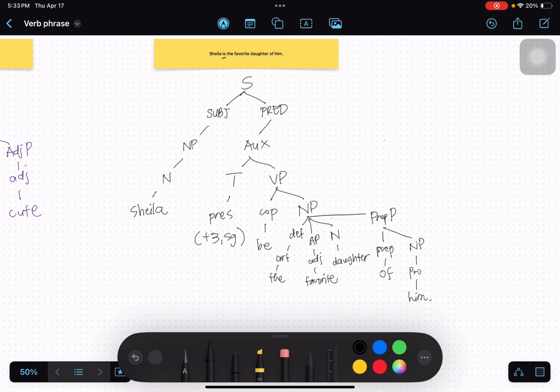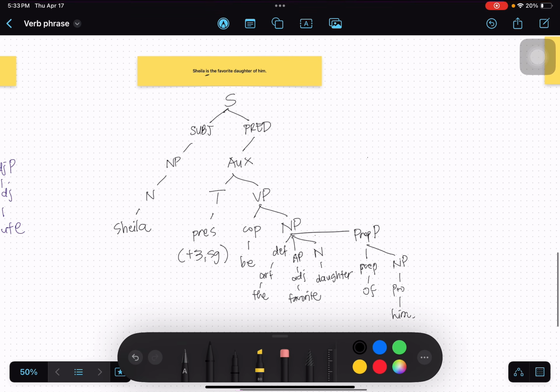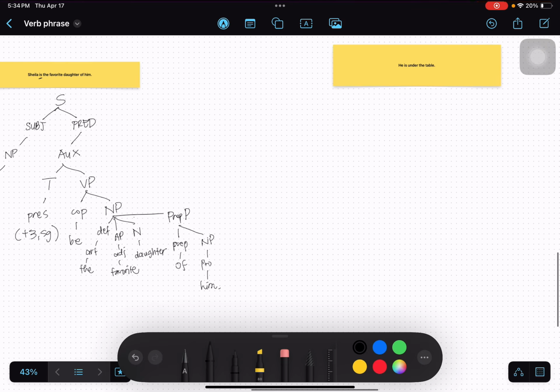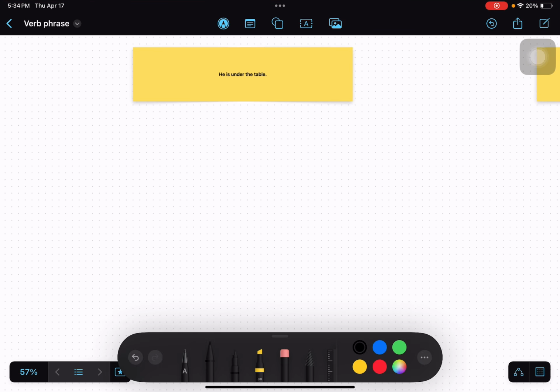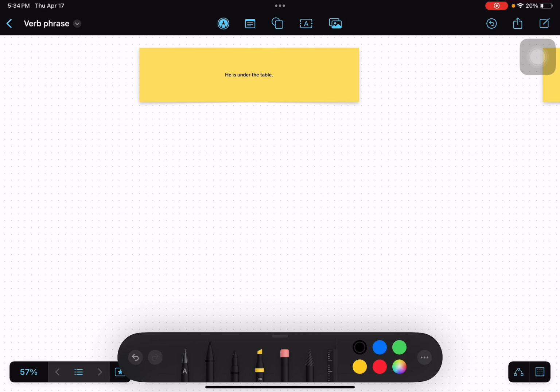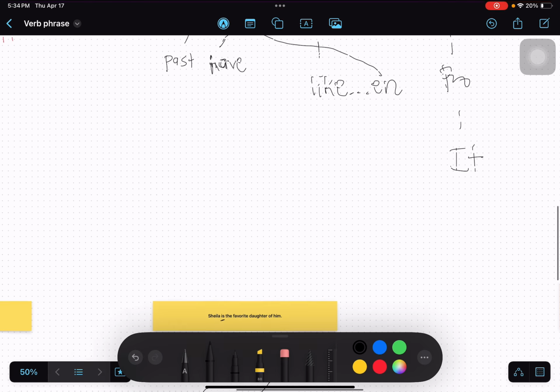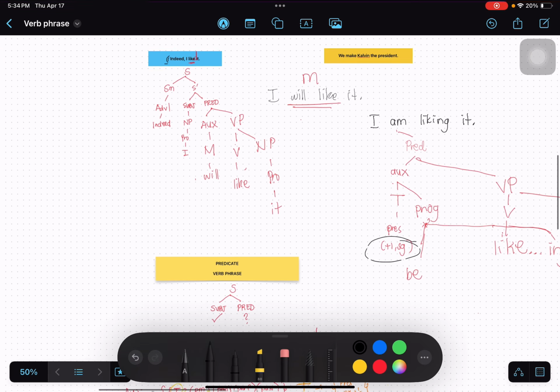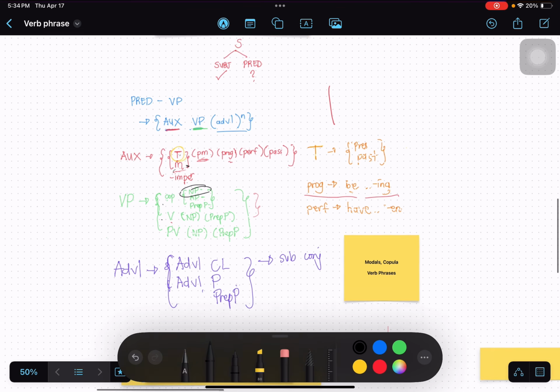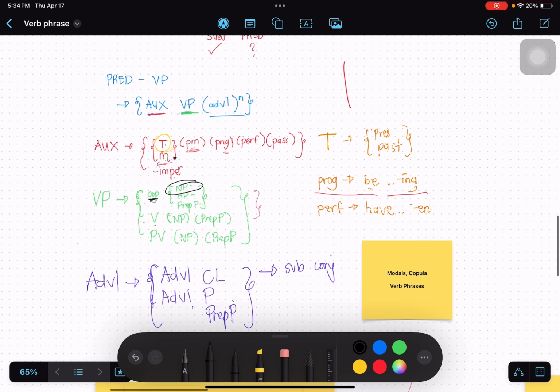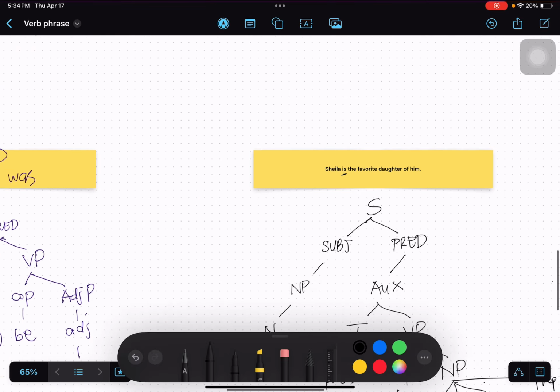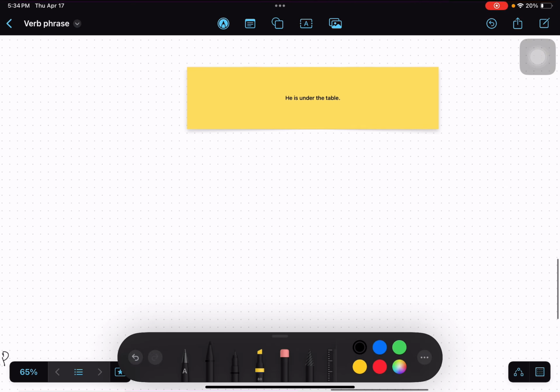And then, last but not the least, will be this one. "He is under the table." So, we have here this term. Is copula again, but prepositional phrase. So, he is under the table. Let's try this one.